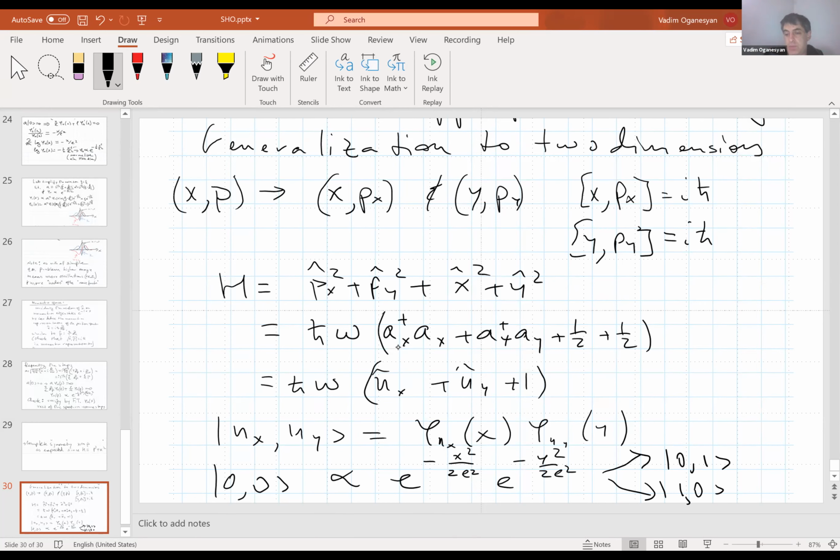Your second excited state, because it's all linear, you can have this 1, 1, so your second excited state will be triply degenerate. And one can observe how this sort of proliferates. Basically, the higher in energy they go, the more the degeneracy is.